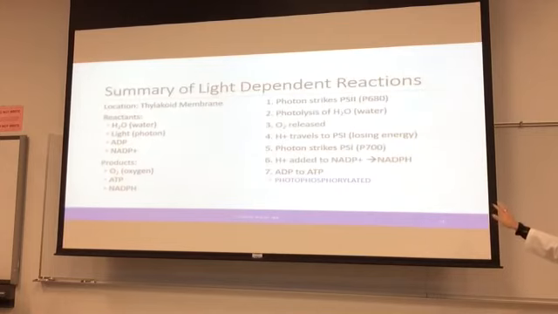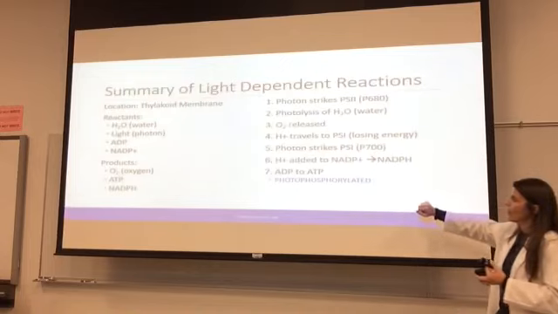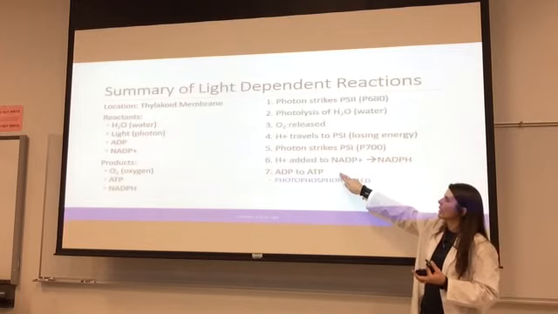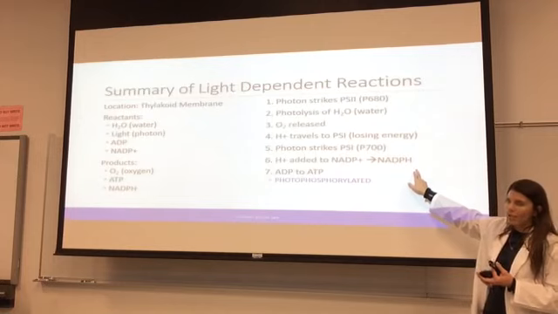What I put here on this side was my quick notes as to what happened. So I said a photon strikes photosystem 2, which is P680, and it causes the lysis of water, also called photolysis. The oxygen is released. Those electrons travel to PS1, losing energy. Then a photon strikes PS1, which is also called P700, and immediately those electrons are added to NADP to reduce NADPH.